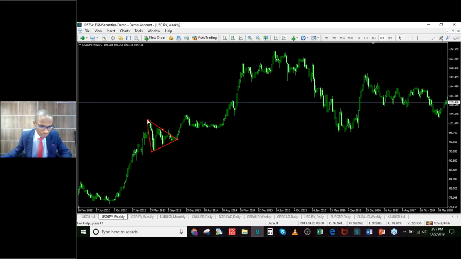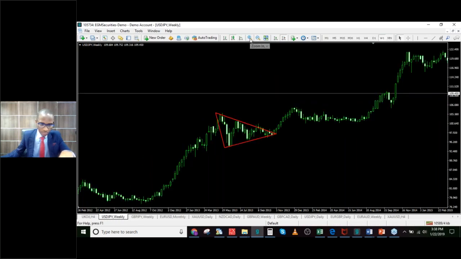See how simple it is once you spot the edges and the pattern is evident on a weekly time frame. Let me just zoom in a bit for you. So this is our triangle, and this is how you spot and draw a triangle.